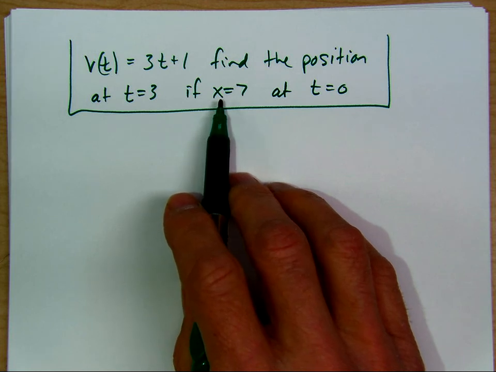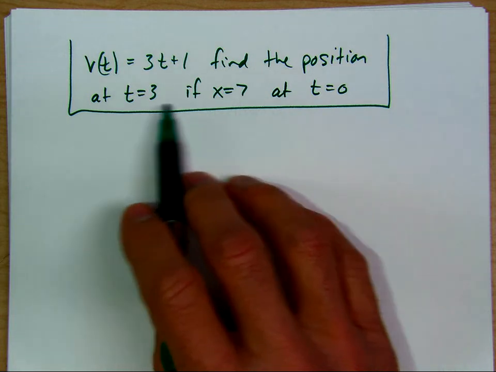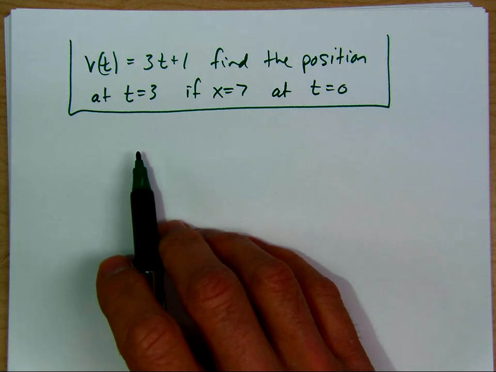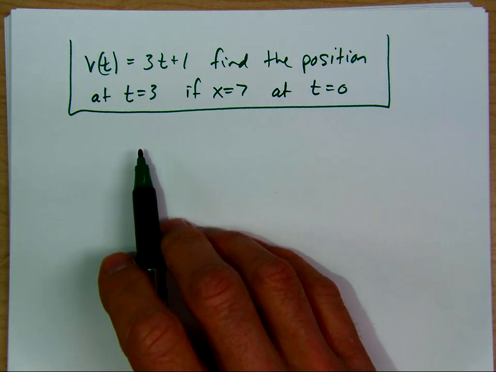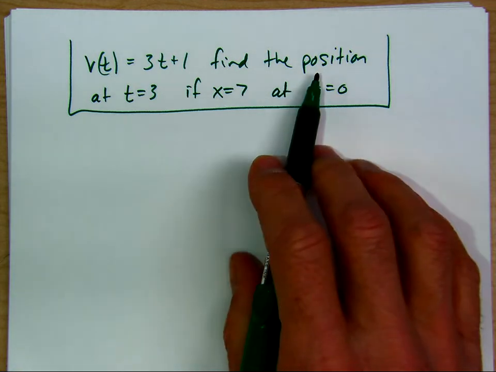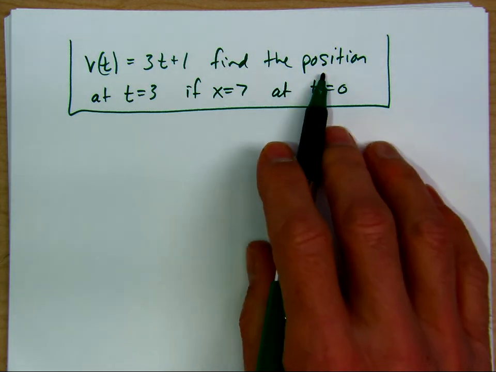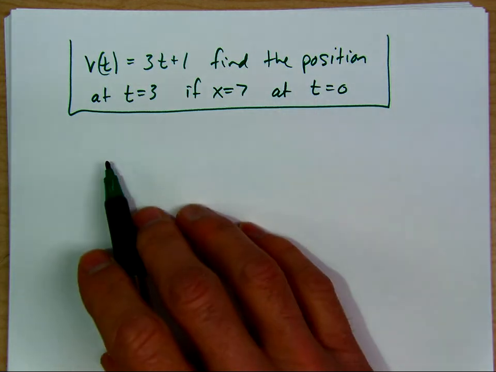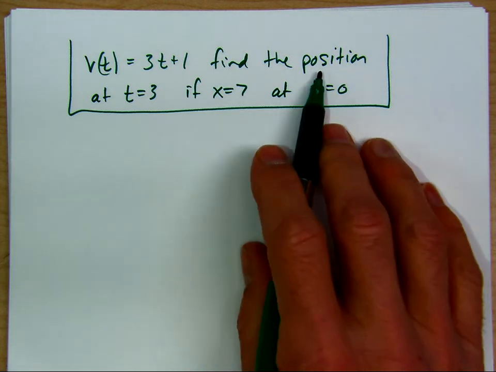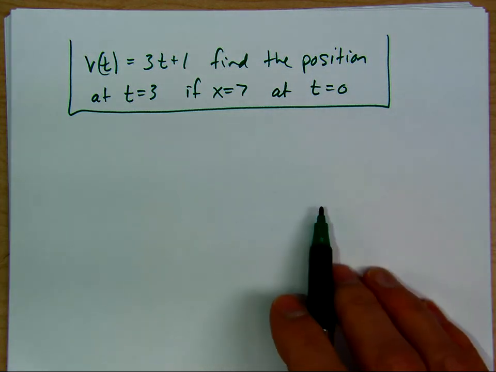And we have two ways of doing this. Find the position at t equals 3. We can solve it with a differential equation. This just says find the position, but if it said find the position function, we would have to use a differential equation. If it just says find the position, we have a shortcut.